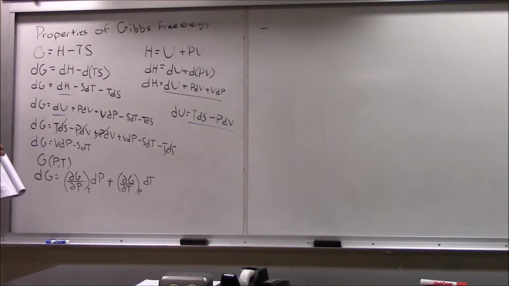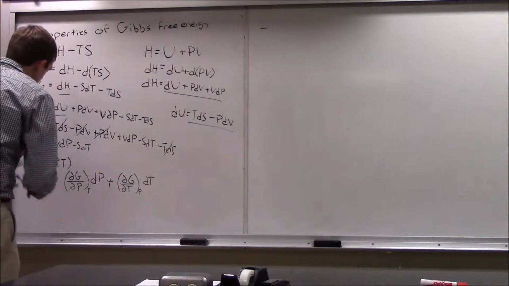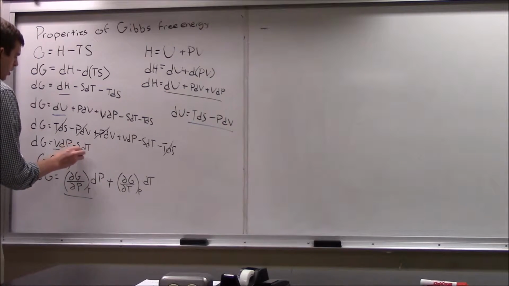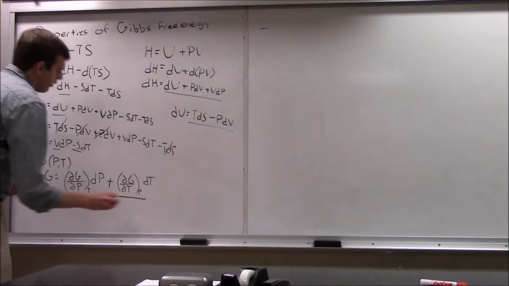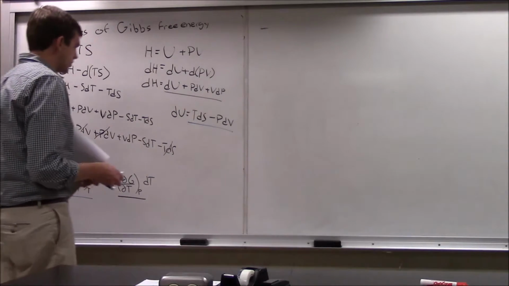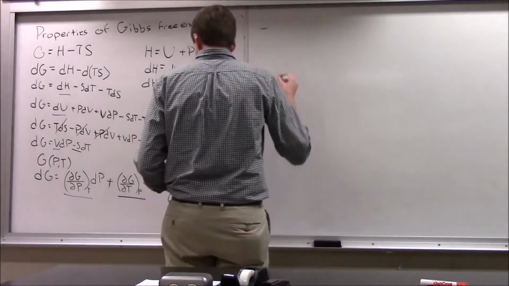Okay, so based on that, what that would tell me is that my volume is equal to the partial derivative of my Gibbs free energy in terms of pressure, and my negative entropy is equal to the partial derivative of Gibbs free energy in terms of temperature at constant pressure. So I'm going to write that out up here.